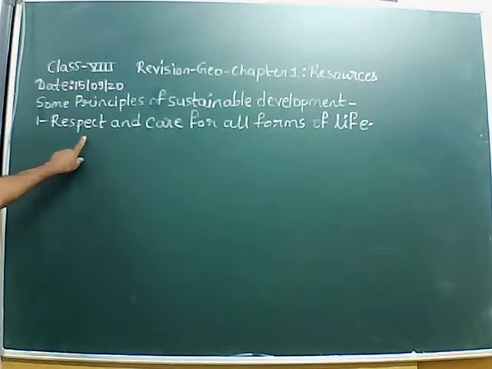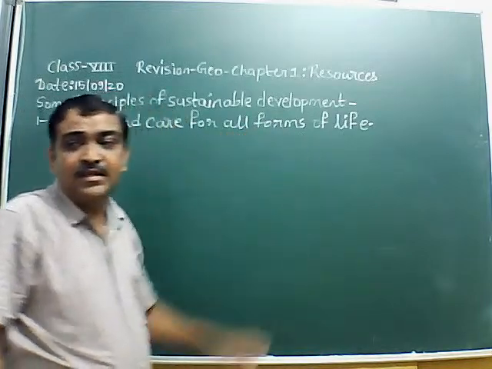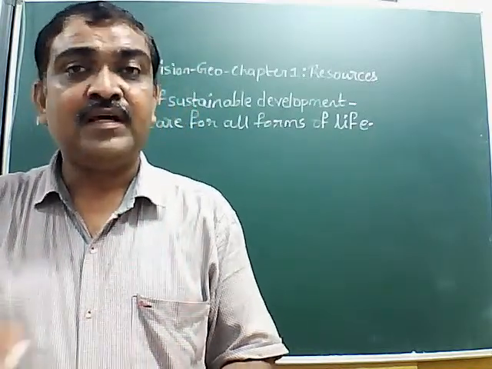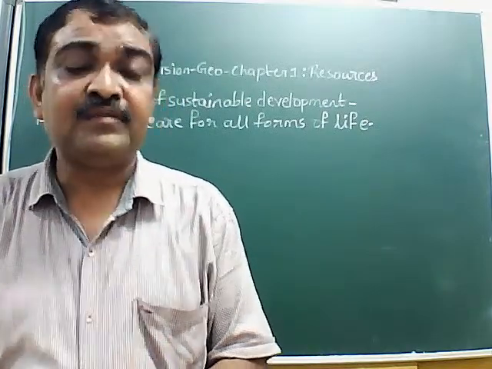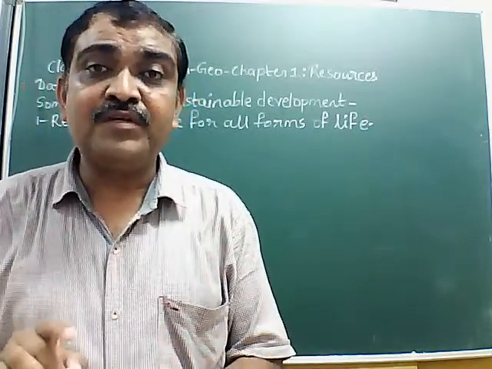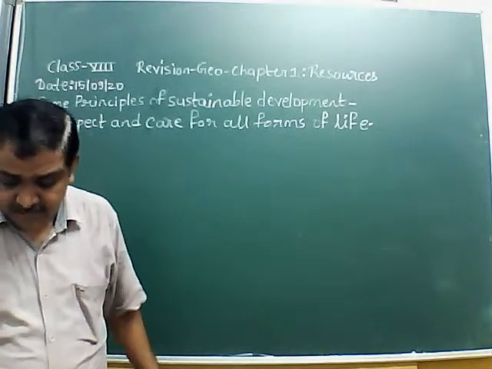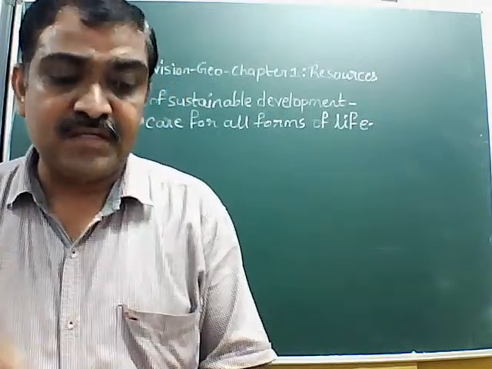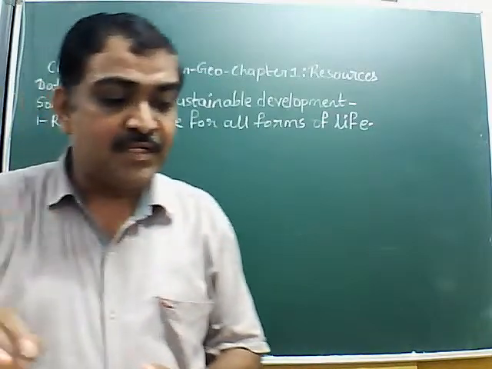The first principle is respect and care for all forms of life. यानी जो भी जीवन है, now life means either the life of human beings, small creatures, animals, or the life of the plant kingdom. So we should respect and care for all forms of life. हर प्रकार के जीव जंतु के जीवन का हमें केयर करना है. Got it? So that is the first principle of sustainable development.